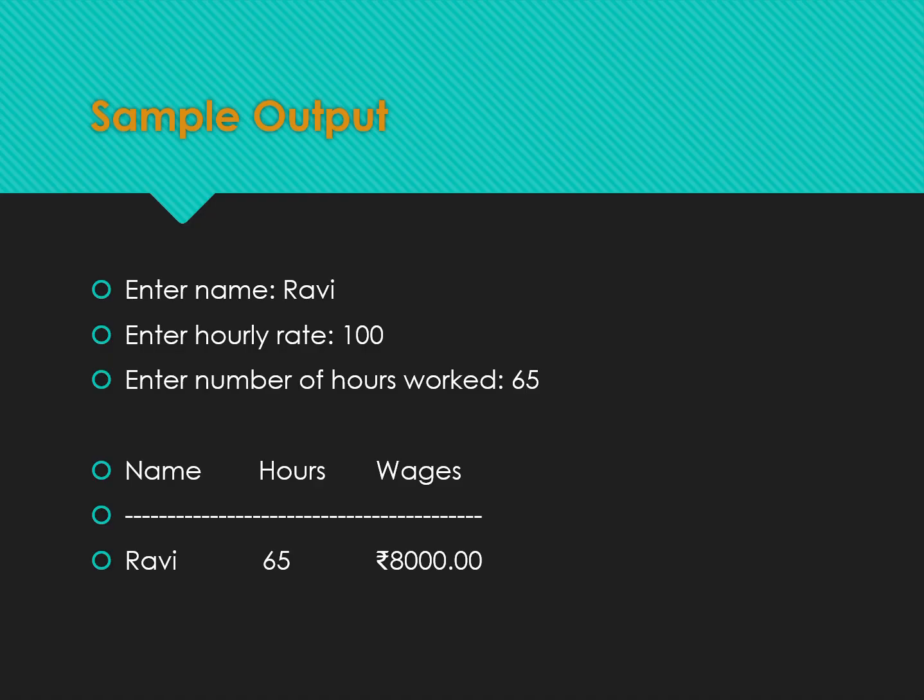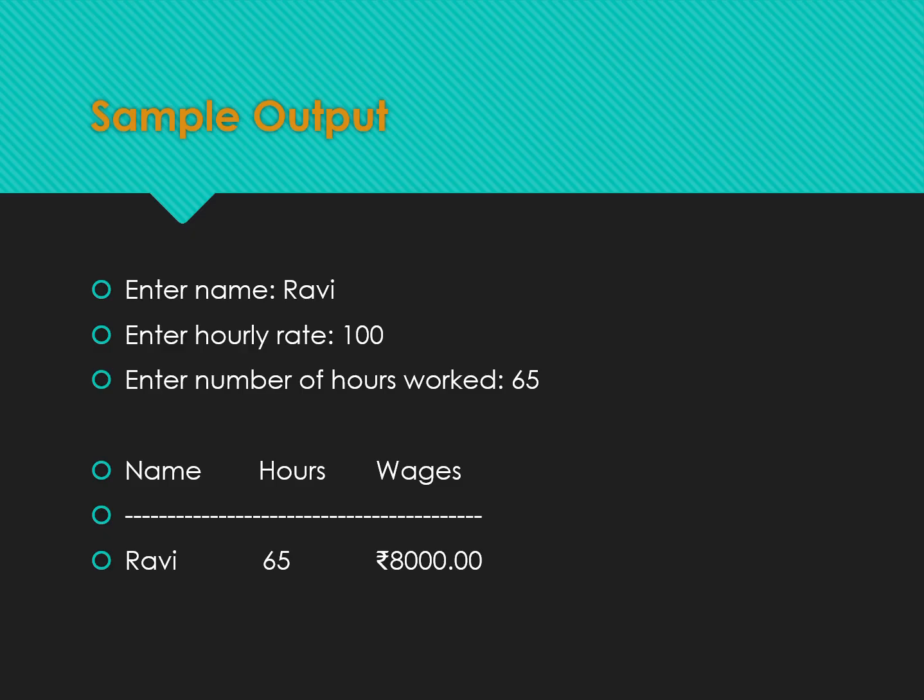Finally, the remaining 5 hours, from 61 to 65, are paid at double rate. 5 times 200 rupees equals 1,000 rupees. 4. When you add all of these, 4,000 rupees plus 3,000 rupees plus 1,000 rupees equals 8,000 rupees.